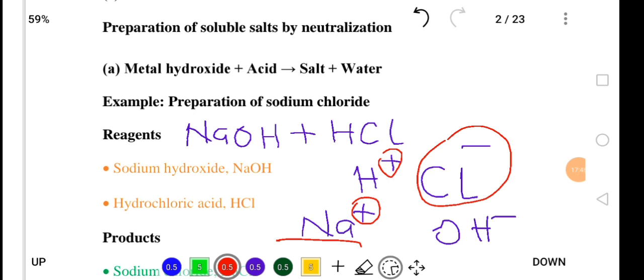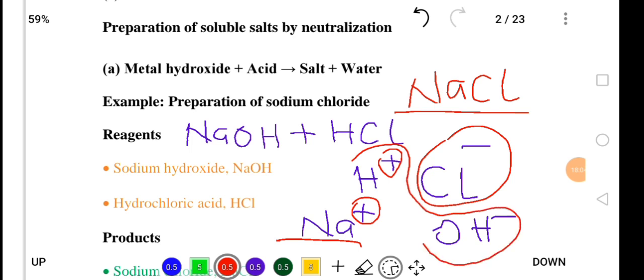So hydrogen is going to be displaced from its acid, and sodium is going to take the position of hydrogen and form sodium chloride, which will be a salt. Now this hydrogen ion which is displaced will have no option but to react with the hydroxide in order to form water.